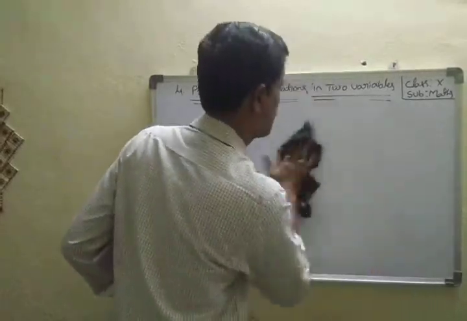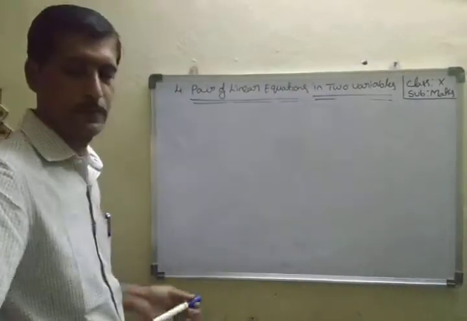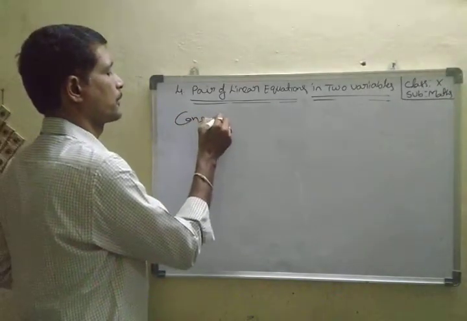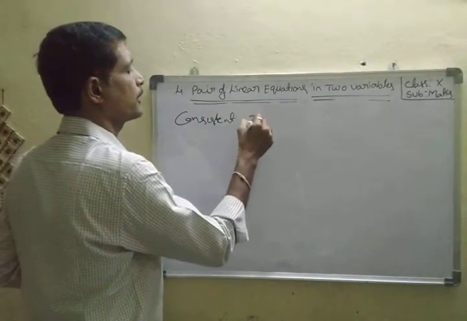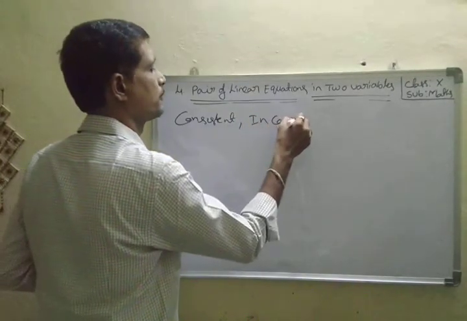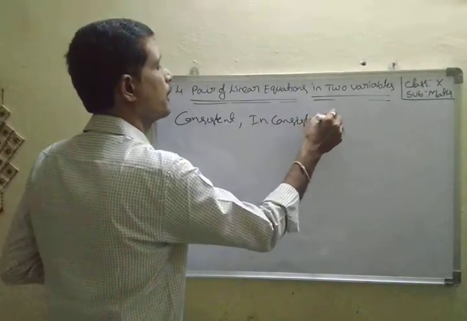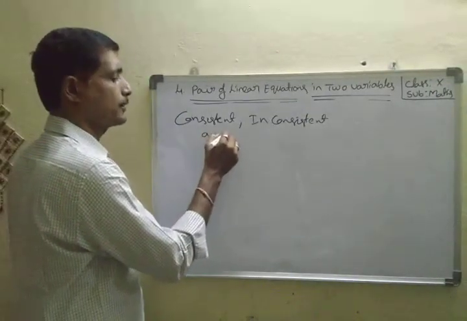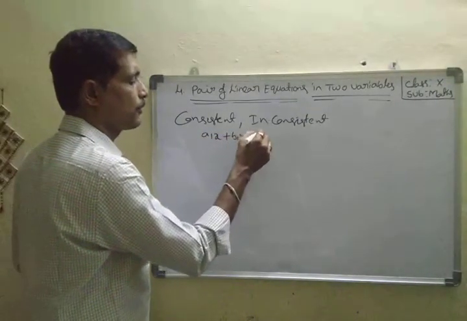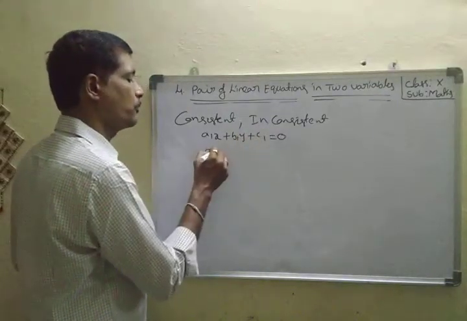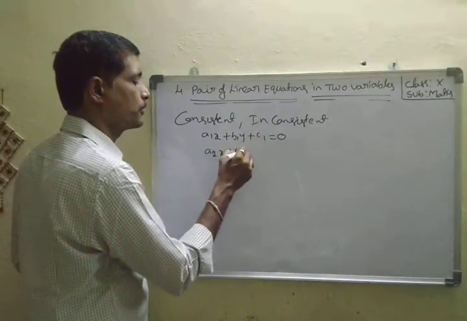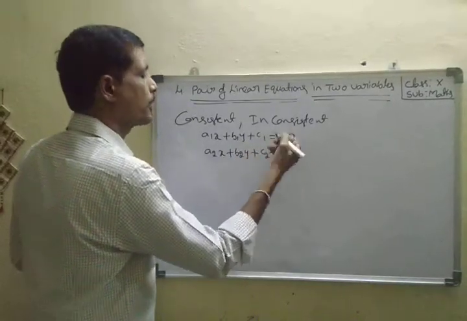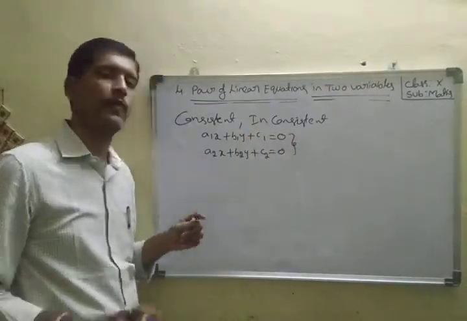Here consistent means, take the two equations a1x plus b1y plus c1 equal to 0 and a2x plus b2y plus c2 equal to 0. These two are the pair of linear equations.